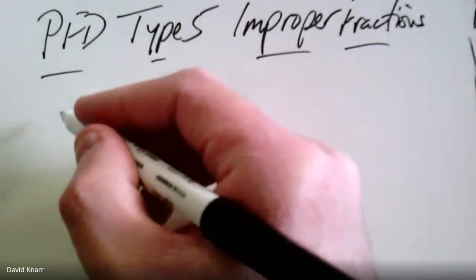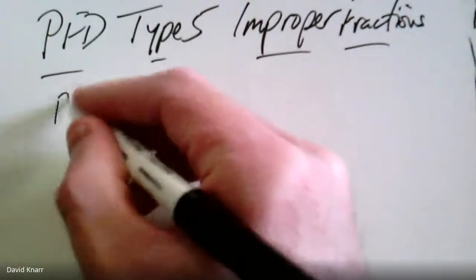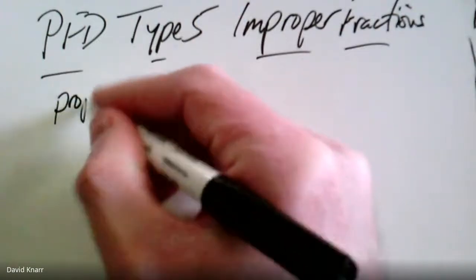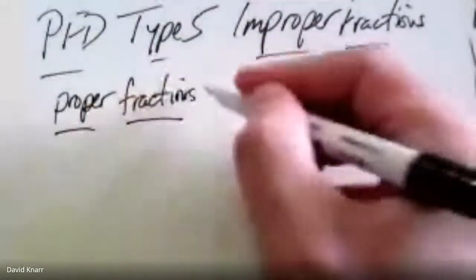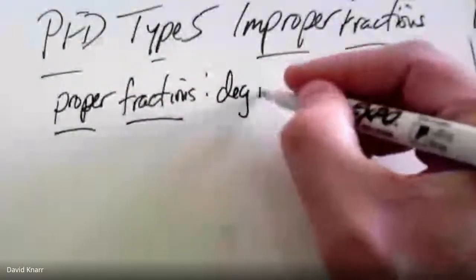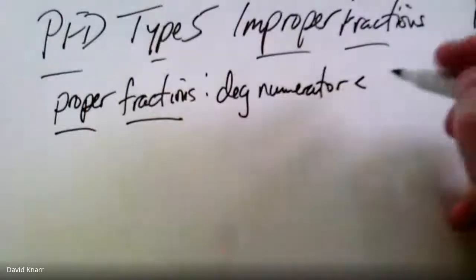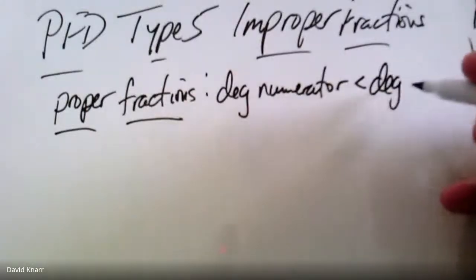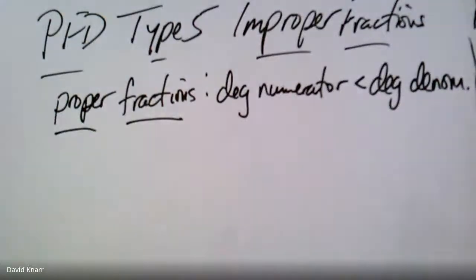All of the fractions that you have started with in each problem and been asked to decompose have been proper. If you go back and look at all of these fractions, all of them were proper. The degree in the numerator was always smaller than the degree in the denominator. Every one of them, no matter which one you look at.